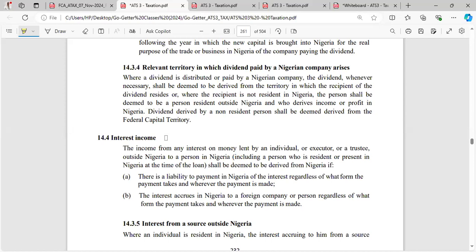So any person who is not resident in Nigeria but derives dividends from Nigeria is seen to be resident in the Federal Capital Territory.